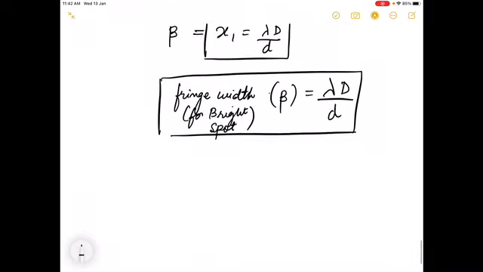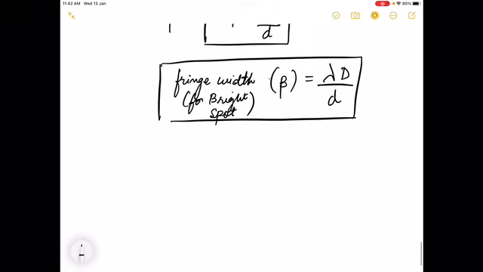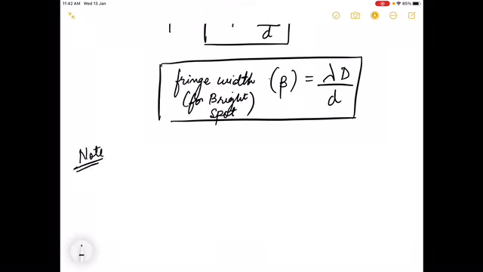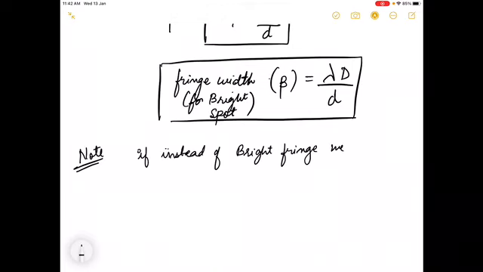Okay, if that is clear, what will happen? Note what will happen if, instead of bright fringe, we talked about dark fringe, right?